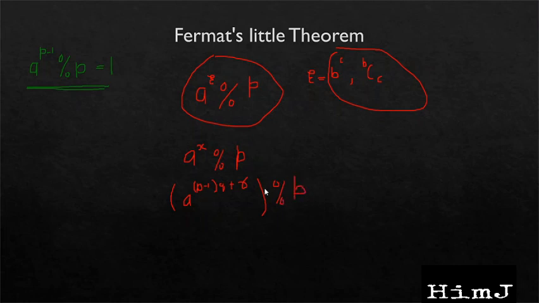Now using the property of exponents, we can write these separately like this, into a raised to power r. Now this thing will turn out to 1 using this property. Why this can be written as a raised to power p minus 1 multiplied q times.